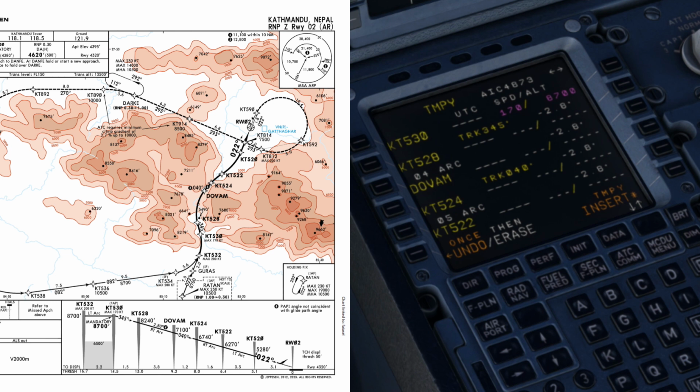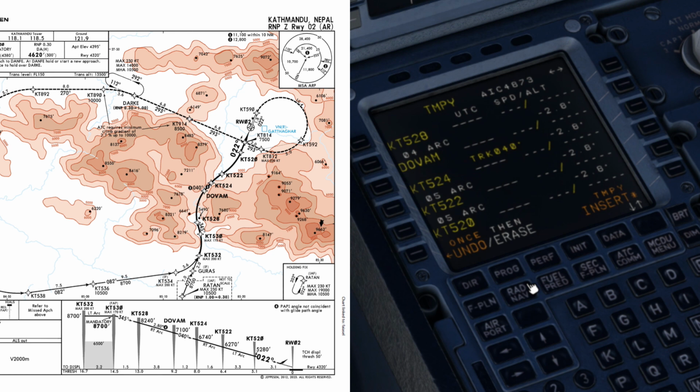After Kilo Tango 530, we'll go to Kilo Tango 528. There seem to be no restrictions over there. From Kilo Tango 528 to waypoint Dovam. At Dovam we haven't got any restriction. From Dovam we'll go to Kilo Tango 524.